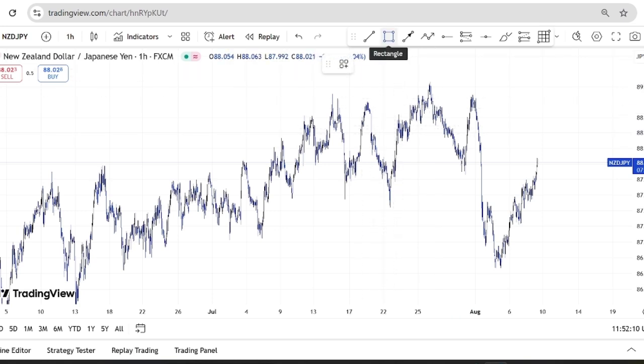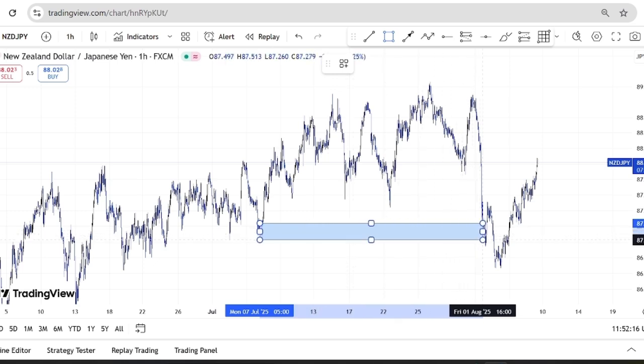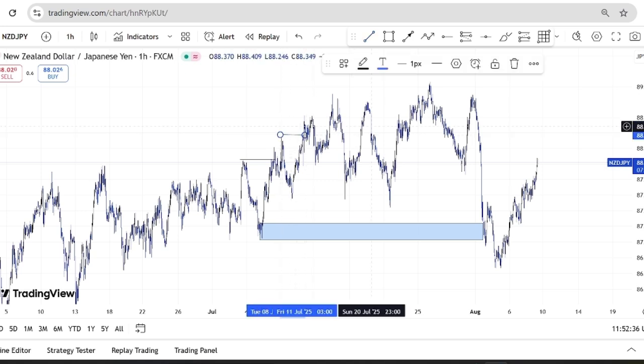If you look at this point, we had this nice order block here. We had this nice order block at that point. Now we had a break to the upside. Have another break here, to the upside.